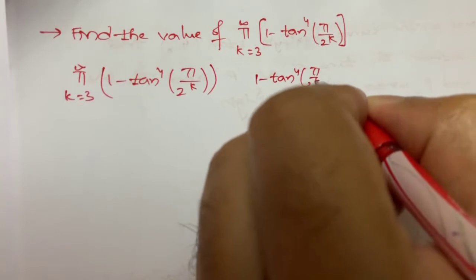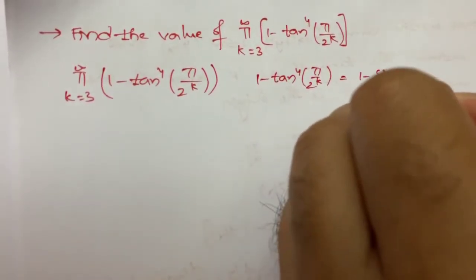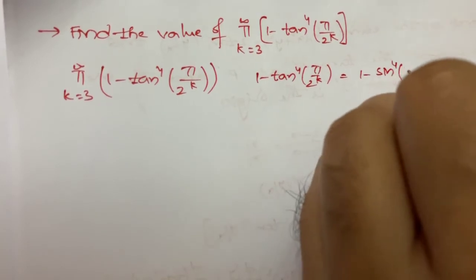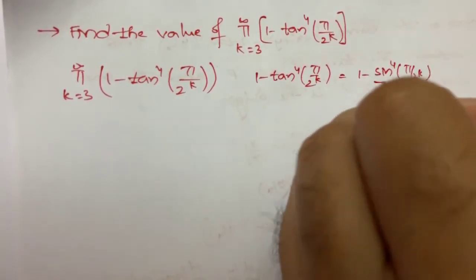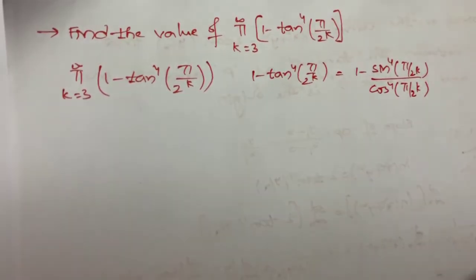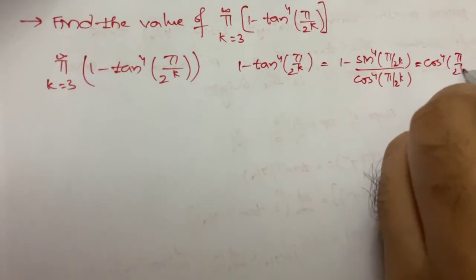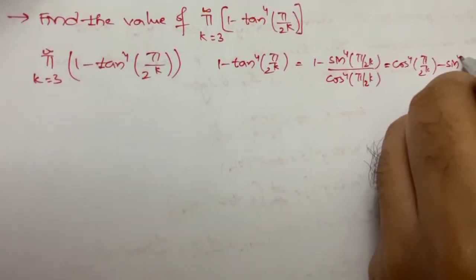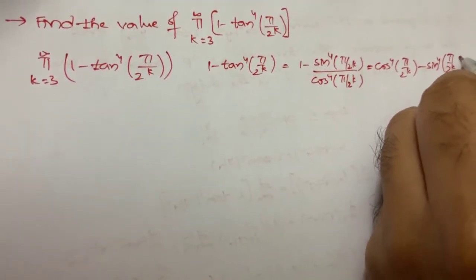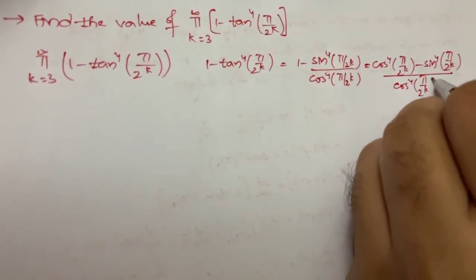So this is 1 minus sin^4(π/2^k) by cos^4(π/2^k), right? So if I take the LCM, cos^4(π/2^k) minus sin^4(π/2^k) by cos^4(π/2^k).